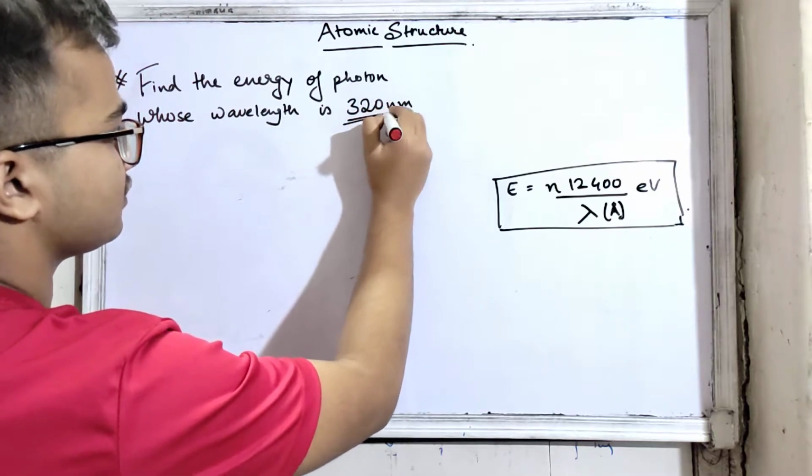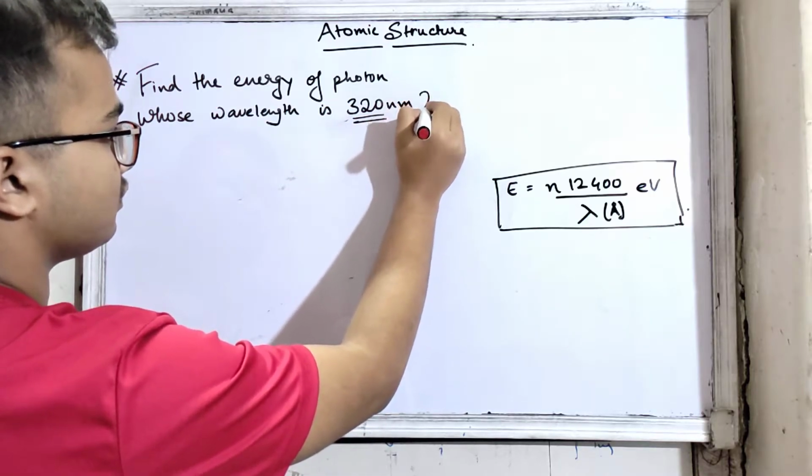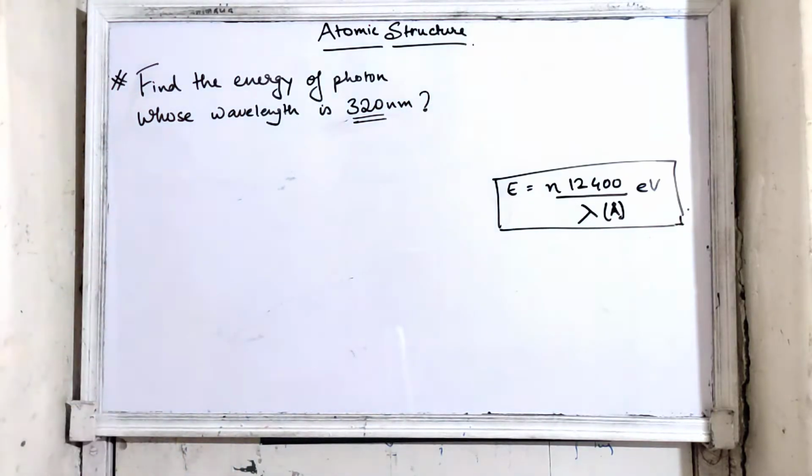Now keep in mind this is given in nanometer. You need to convert it to angstrom while solving. So this is the question: find the energy of photon whose wavelength is 320 nanometer.